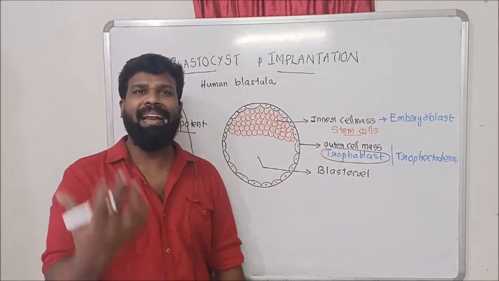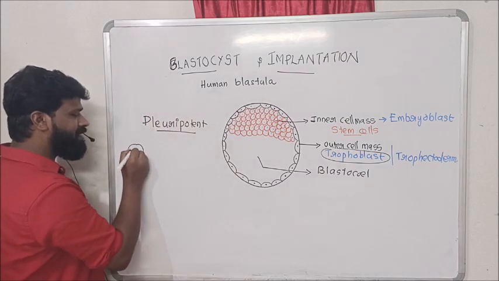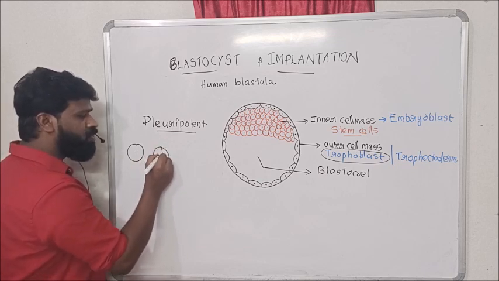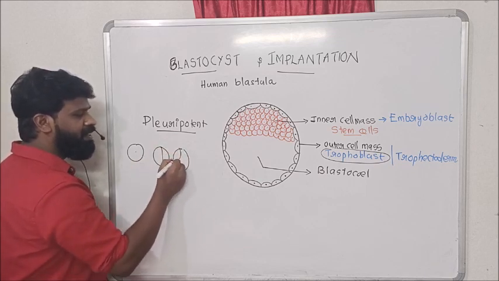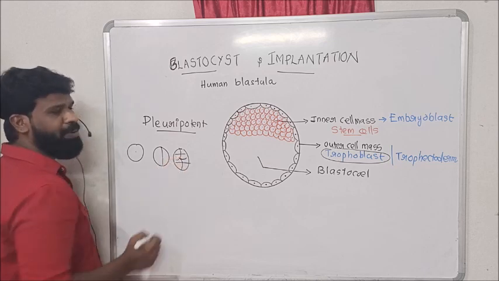But we know the early embryonic stages, we know about zygote. The zygote undergoes division to form a 2-celled embryo, then 4-celled embryo, 8-celled embryo.